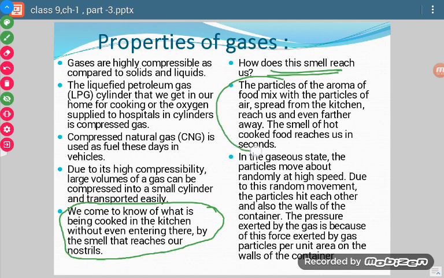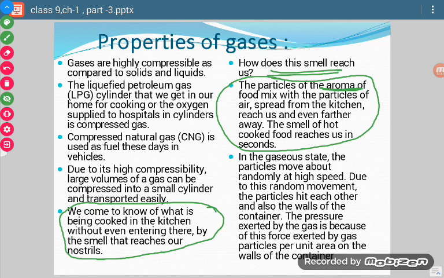This is possible because the food which we are cooking, its aroma, okay, gets mixed in the air and moves with the air, and so it comes near us and we are able to know that some food is being cooked.